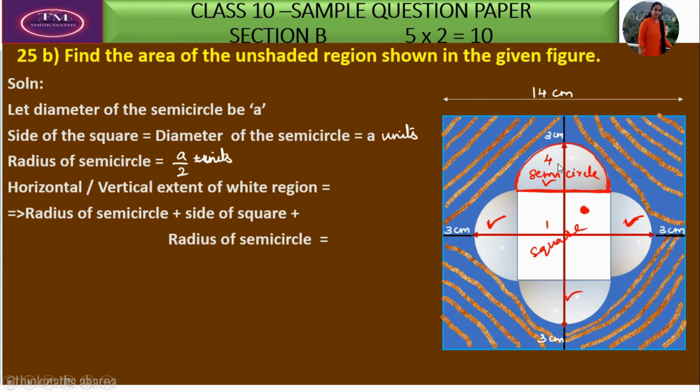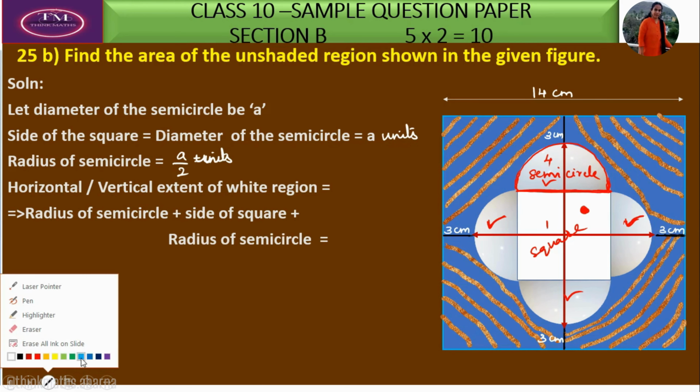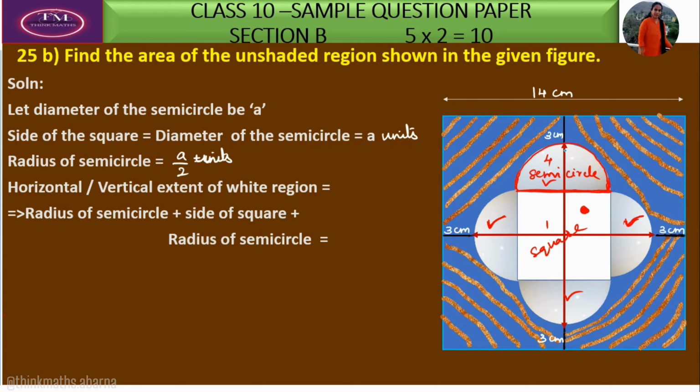Let me use another color. This line. So this line is nothing but, these two are nothing but the radius of the semicircle, and this portion is nothing but the side of the square.